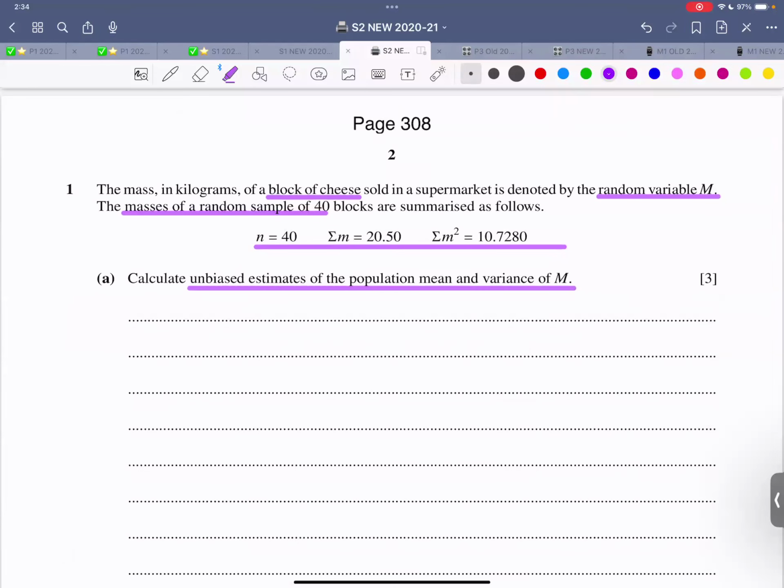So we started off at 2:33 and I took some time reading it out. Now, first of all, the data is from the sample. So I'll write m bar equals sigma m over n. And the variance for the variable m is sigma m square over n minus m bar square.